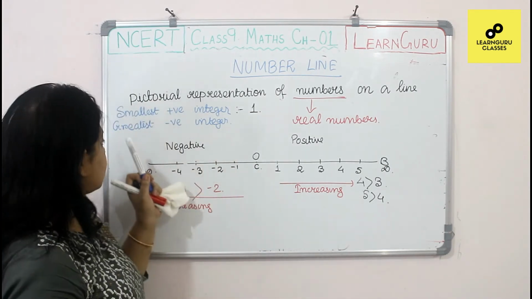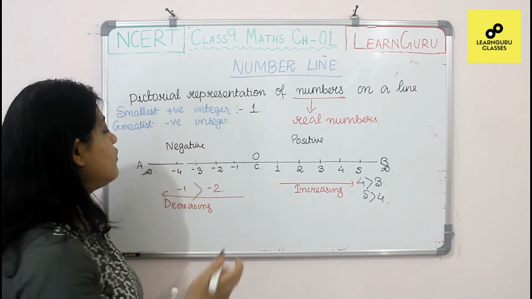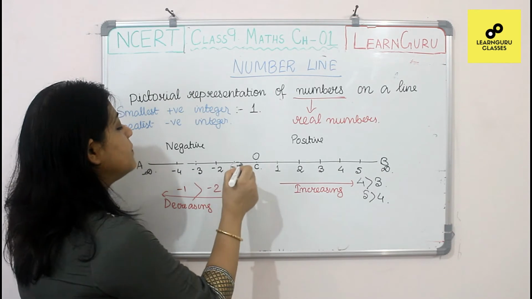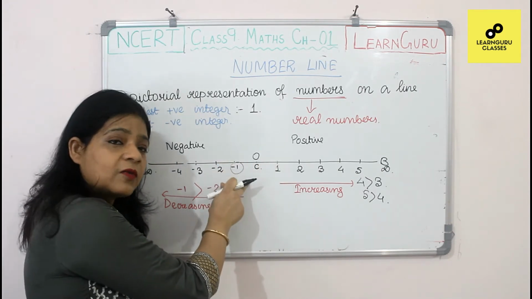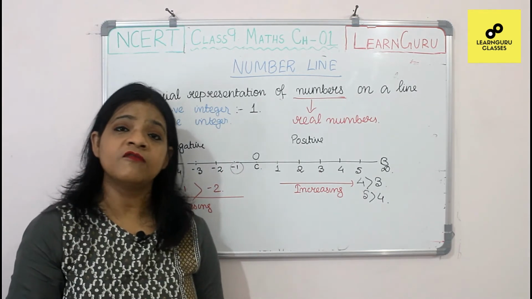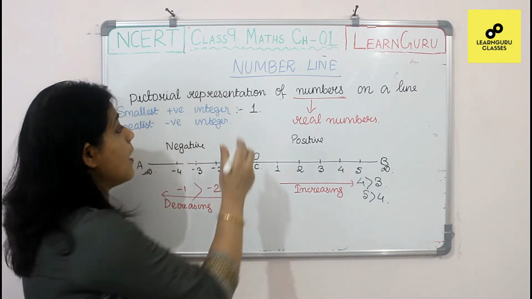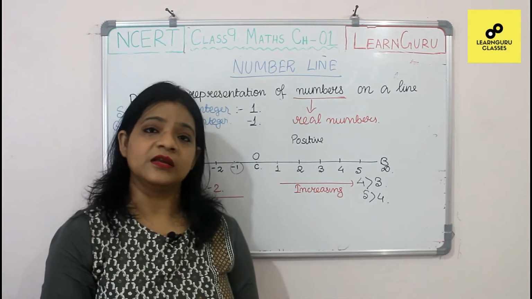Okay, now the greatest negative integer, of course it will be -1, because to the left of 0 you are getting -1, and after that you are getting decreasing values of negative integers. So -1 will be the greatest negative integer.